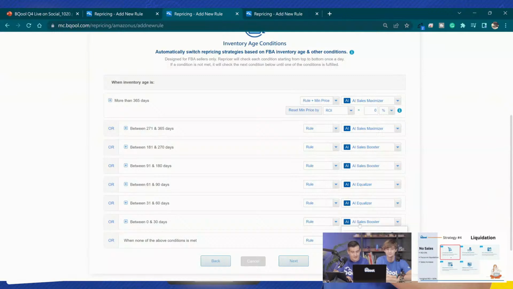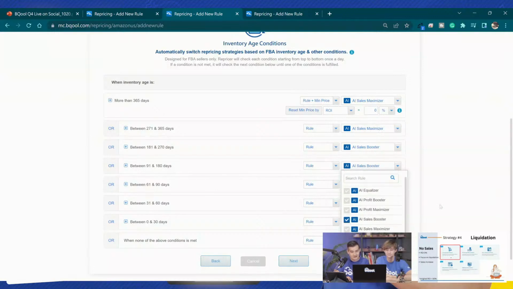Between 0 and 30 days, I'm using the AI equalizer. Between 31 and 60 days, I'm going to put it to a more aggressive rule, the AI sales booster. Between 61 and 90 days, I'm changing this also to the sales booster. Between 90 and 180 days, I'm ready to just sell the product.